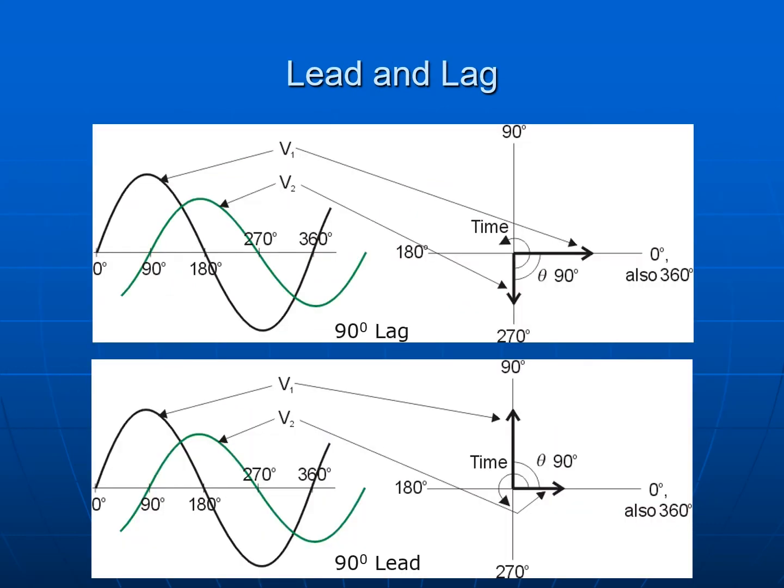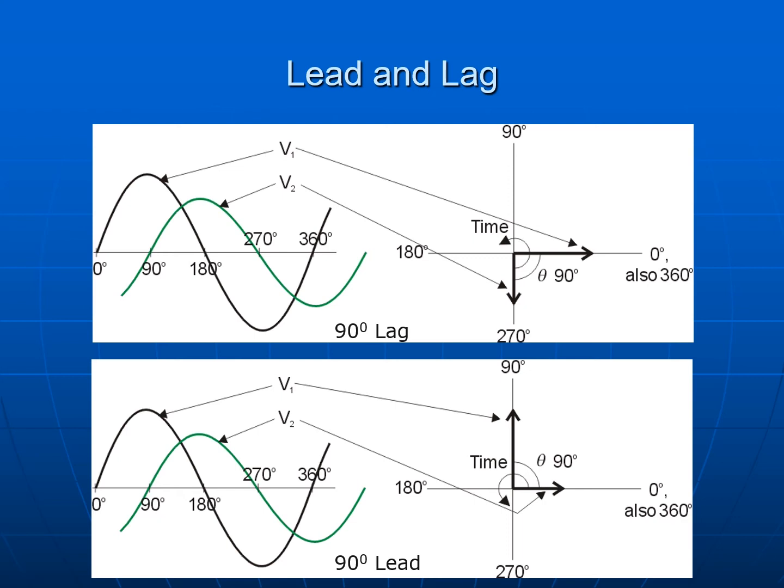When we are talking about our out of phase components, we need to be aware of the terminology lead and lag. Lead and lag has to do with the relationship between two different phasors and how far apart they are for their starting times. Anytime that things are out of phase, they're not crossing the 0 point at the exact same time. When we represent that in a sine wave, we see that on the upper portion, V1 is crossing the median line at 0 degrees, but V2 doesn't cross the median line until 90 degrees.